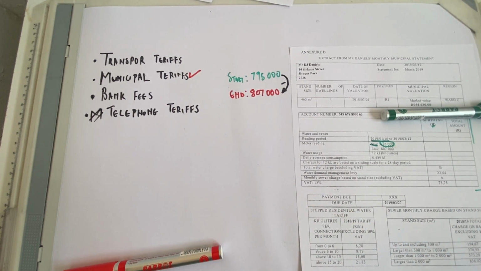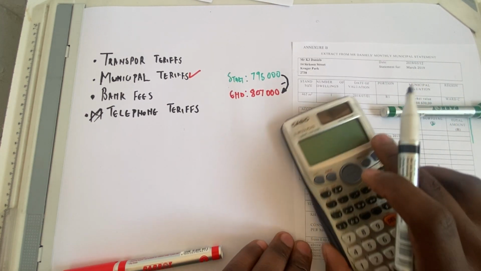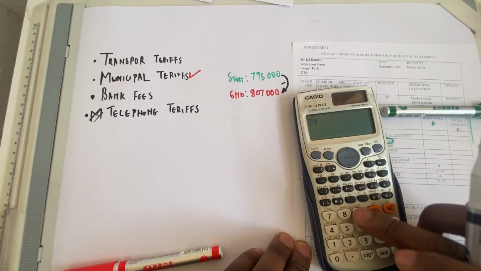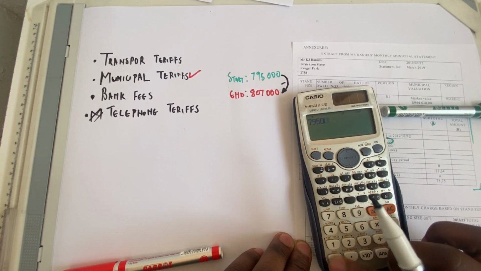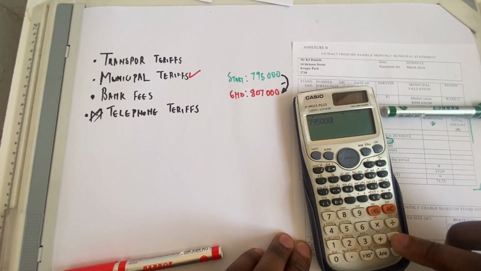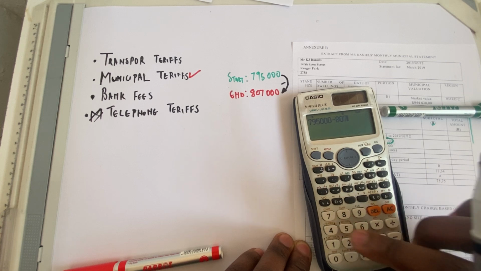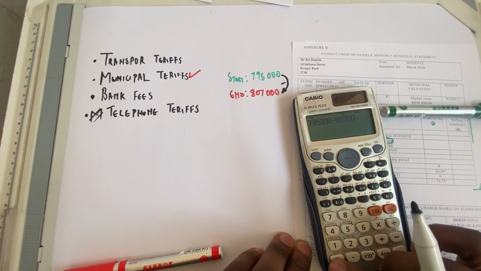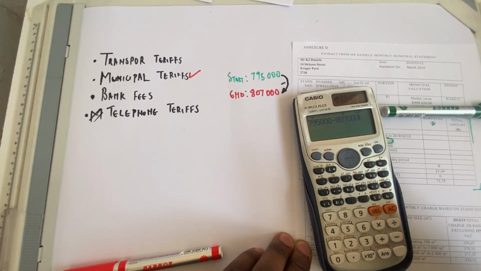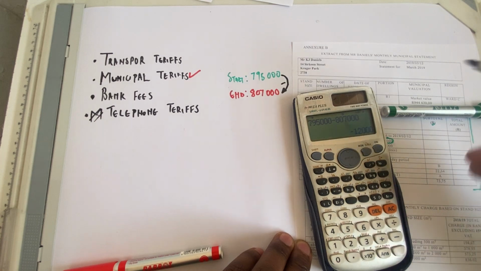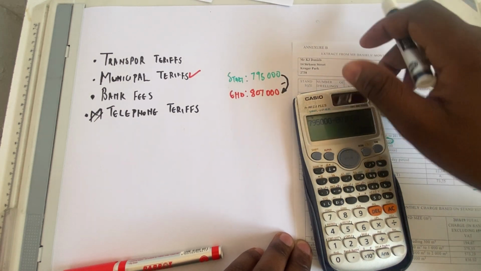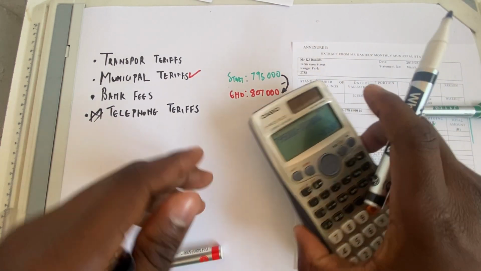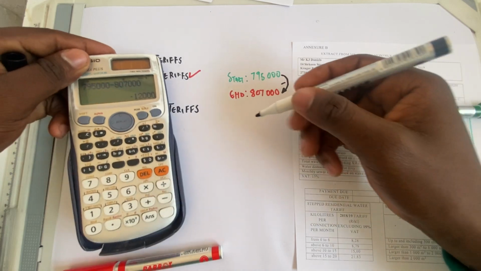So when I go to my calculator and press that, I'm going to have 795,000 subtract 807,000. Then it gives me that. Fine. I have 12,000. I flipped them, that's why the answer is negative.